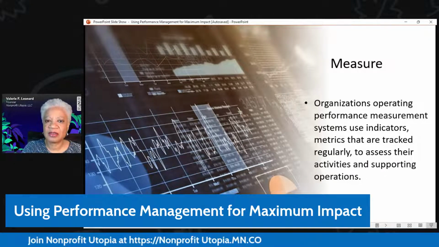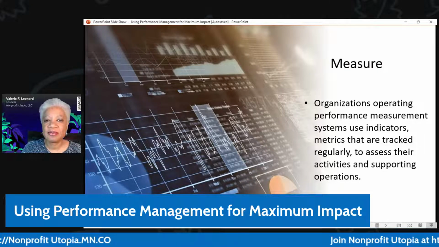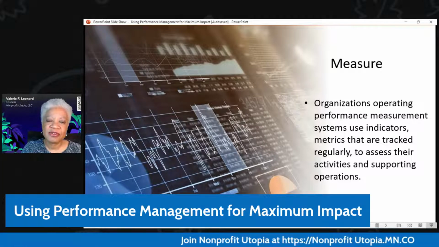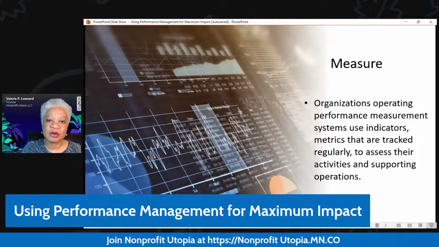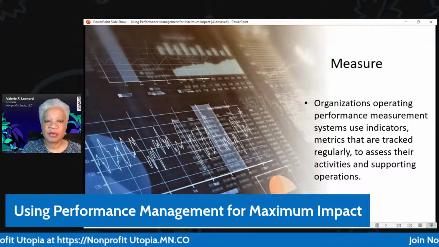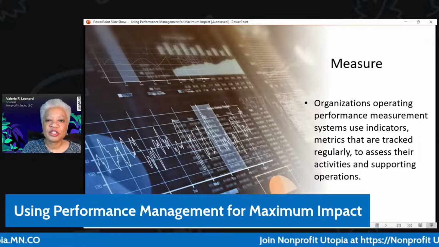And you're going to observe or assess those measurements on a regular basis to make sure that you're continuously moving forward. And if you're not moving forward, then you know how to make the appropriate adjustment, right? And it's important that those indicators of success are measurable, right?